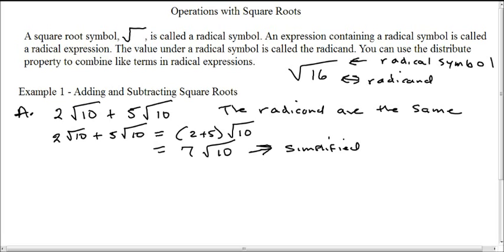Okay, let's take a look at another example. Example B tells us the square root of 2 plus 5 times the square root of 3 minus 4 times the square root of 2.